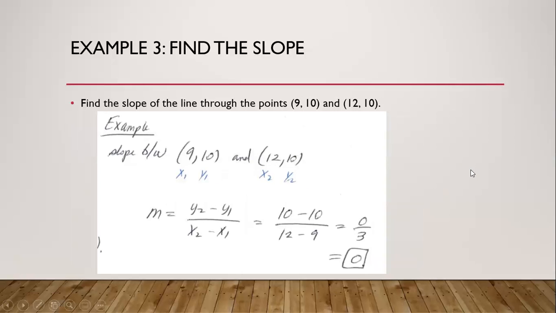All right. Example number 3. Find the slope. We are given 2 points. The 2 points are (9, 10) and (12, 10). The first thing we do before we do anything else is we label our points: x1, y1, x2, y2.